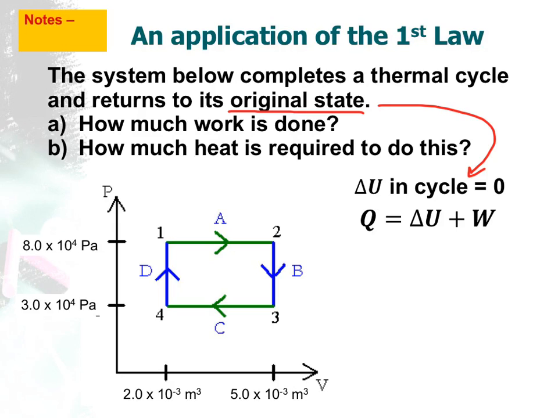The answer is no, I don't need to actually do that. I can actually take a little bit of a shortcut, and here's what the shortcut is. If I want to figure out the amount of work that a system does in a closed cycle like this, I can actually just figure out what is the enclosed area.